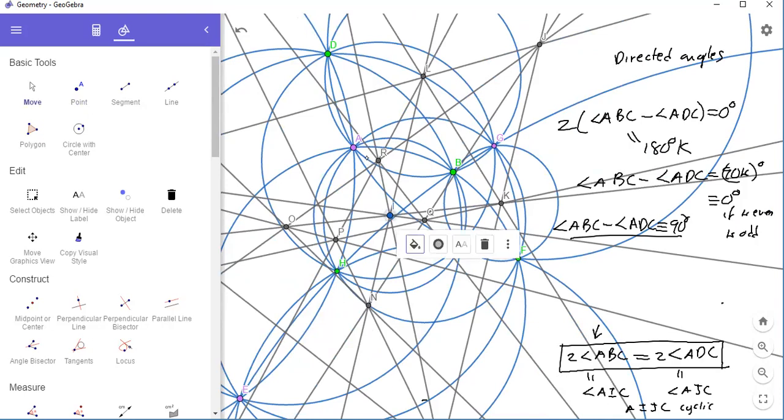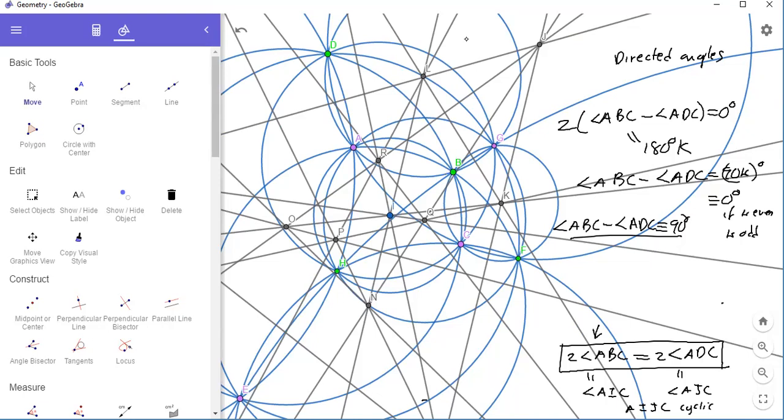Now, as for why they all pass through like that, take the center of a circle which contains 4 points, A, B, C, H. If you pick any purple and green pair, you must have drawn that perpendicular bisector.